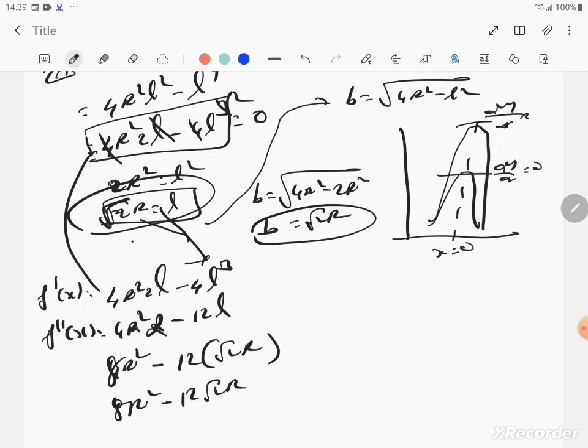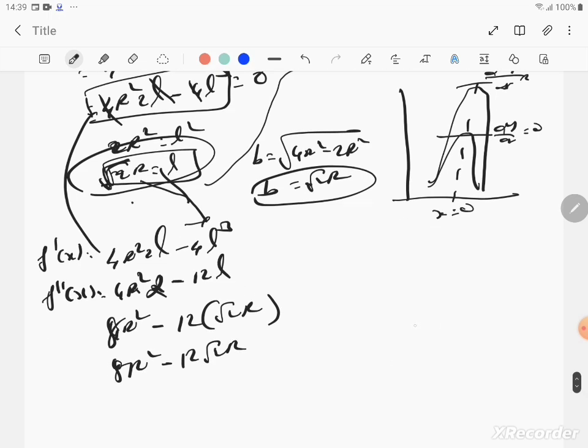Do you think this will be positive or negative? Let me think. I forgot when differentiating, 4 into 3 is 12 L square. I forgot that L square.